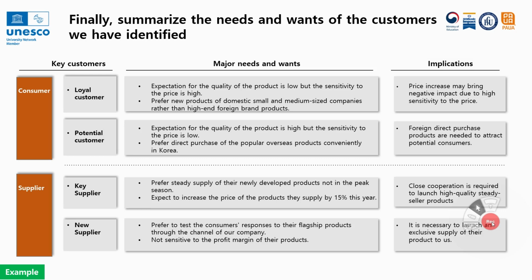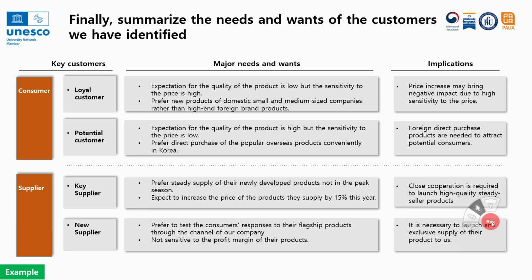So in that case, have a negotiation with the supplier that please supply their main product only exclusively to our channel, and please do not provide the similar or the identical product to the competitor of us.